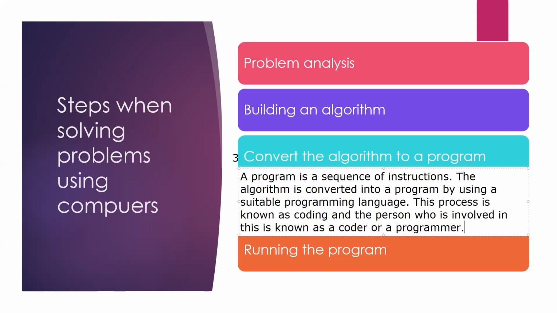So the process of converting algorithms to programs we call coding. And the person who is involved in this transformation is known as a programmer, or nowadays we even call them software engineers. Right. Okay.